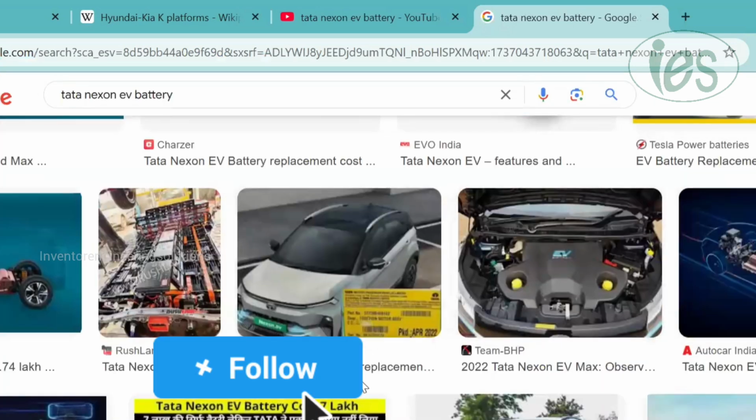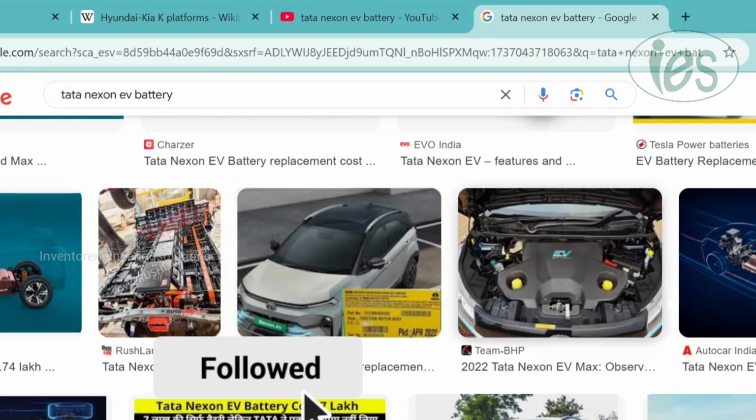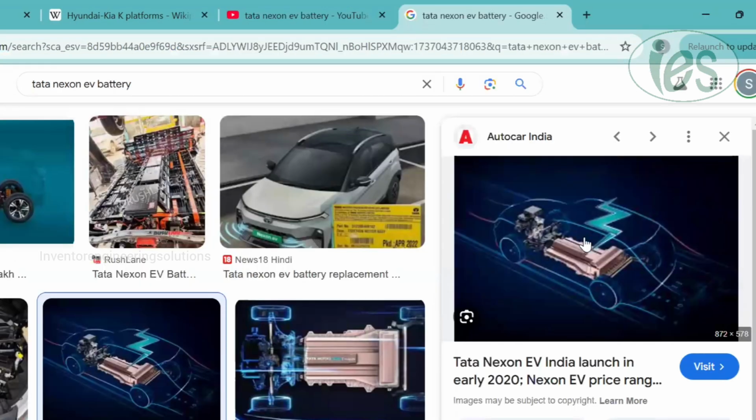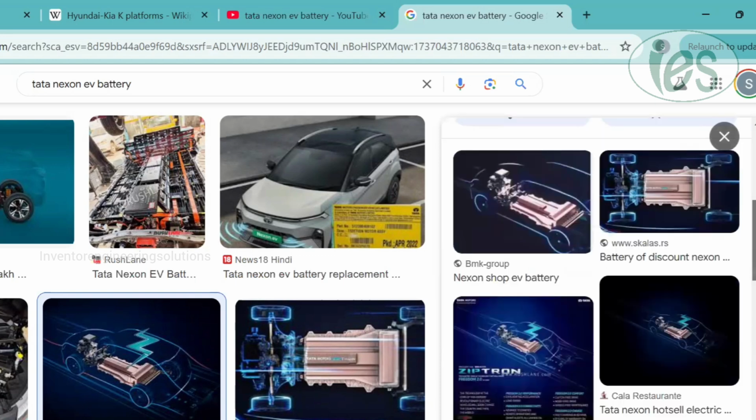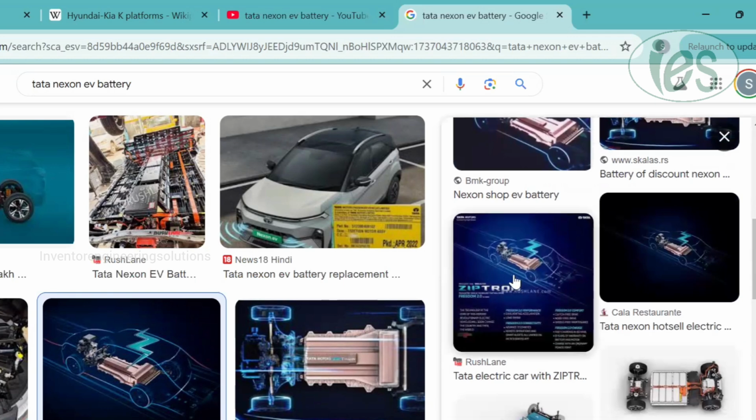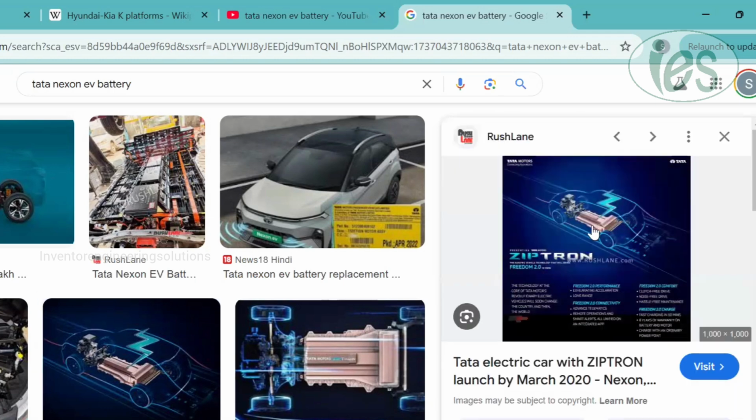So the battery is not a flatter battery; wherever the lower area was already designed for the IC engines, the battery has been designed without modifying the previous platform structure.